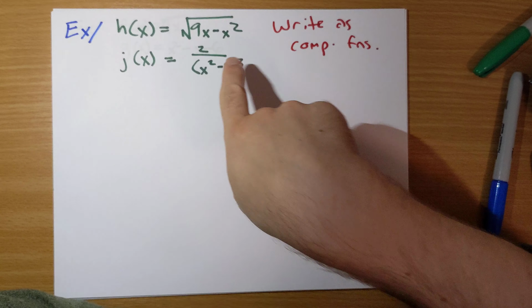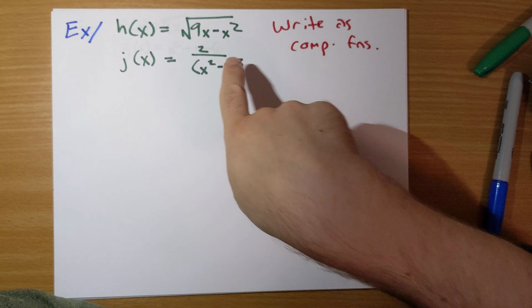If 9x minus x squared is greater than or equal to 0, solving this, 9x is greater than or equal to x squared. Solving this, you get all x such that x is between 0 and 9.